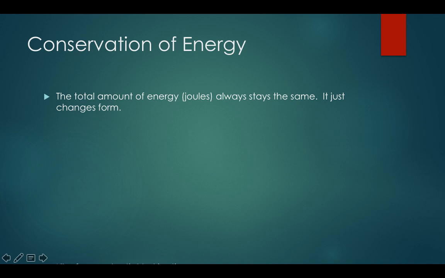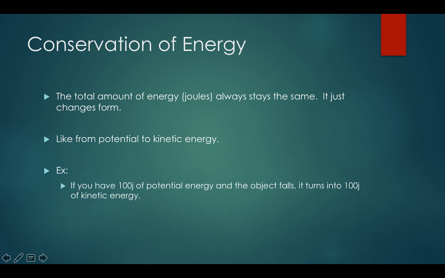It just changes form. So, if you have potential energy, that potential energy can turn into kinetic energy, and the kinetic energy can turn into potential energy. But the total is always going to remain the same, so you can't just make energy appear. For example, if you have 100 joules of potential energy and the object falls, it turns into 100 joules of kinetic energy.